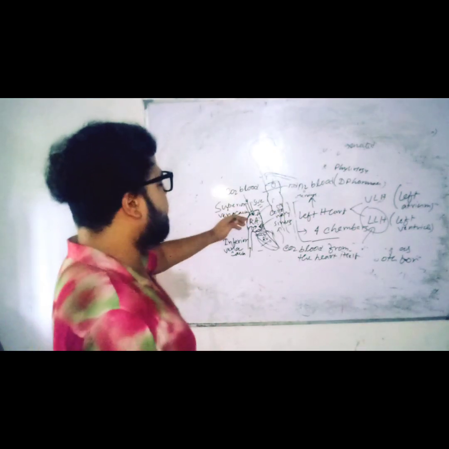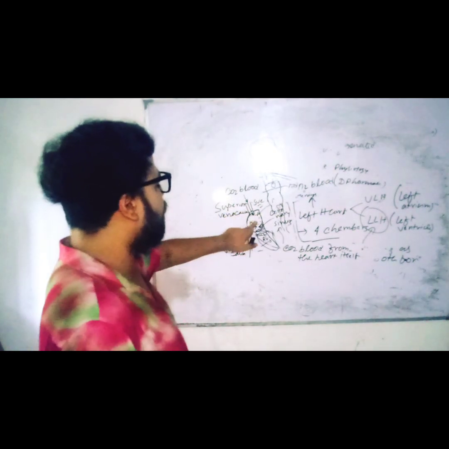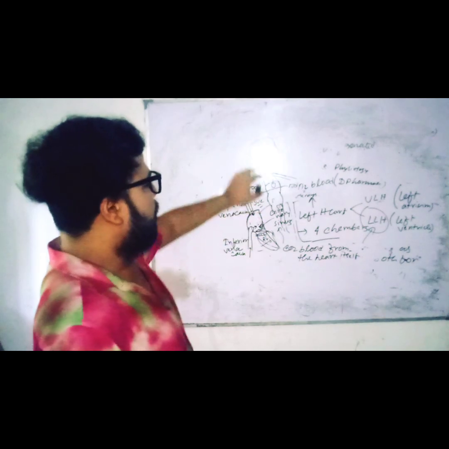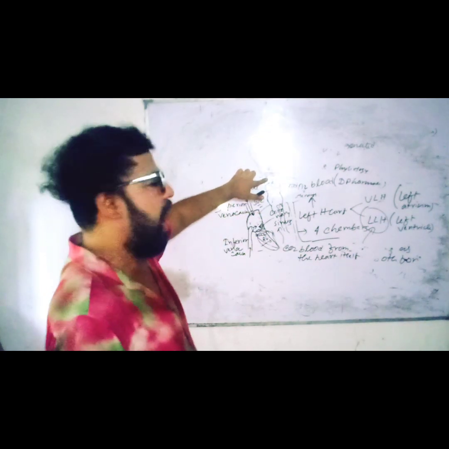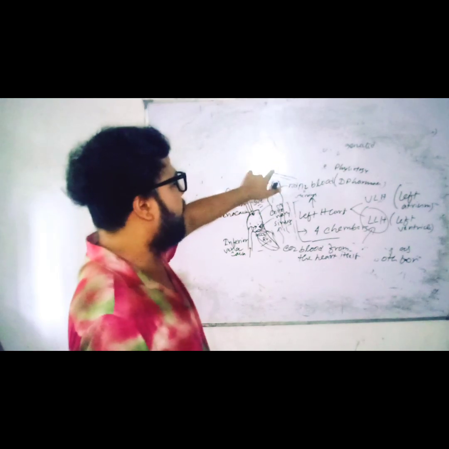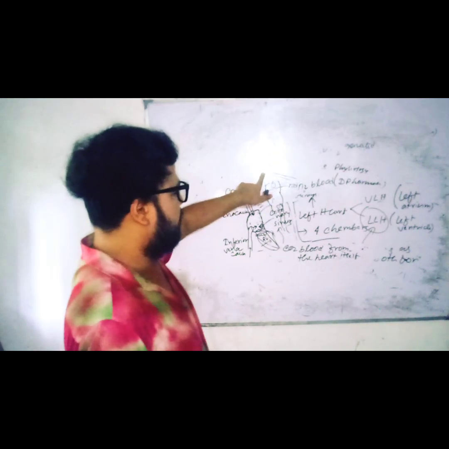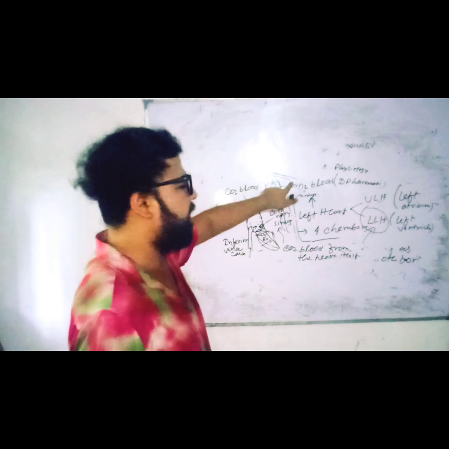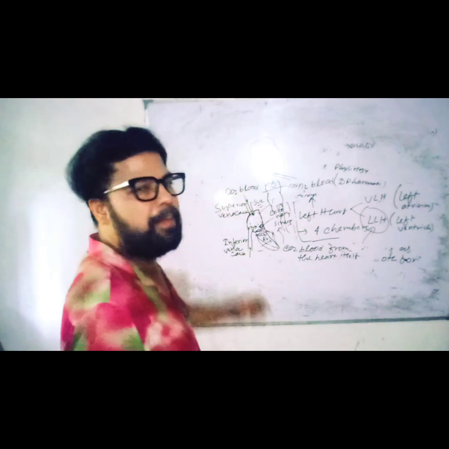So right atrium basically gets input from the upper level of the heart. That means your head, neck, face, upper part of the thorax and upper extremity through the superior vena cava.